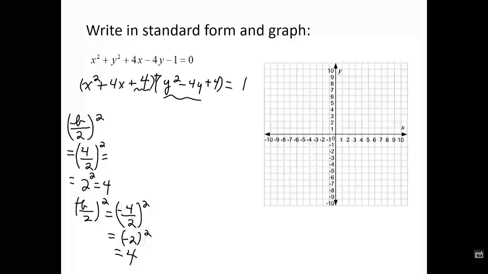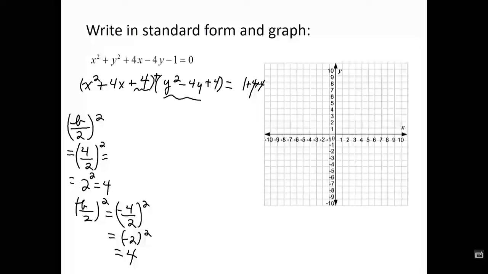But notice, did you notice one thing that I've omitted? I added a 4 here to the left-hand side of the equation, so I must also add a 4 on the right-hand side. And likewise here, I added a 4, so I've got to add another 4 over here. All right, so let's see what we have then.